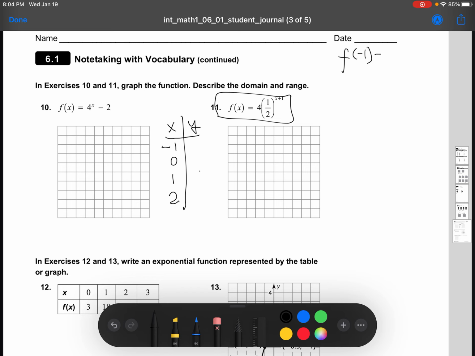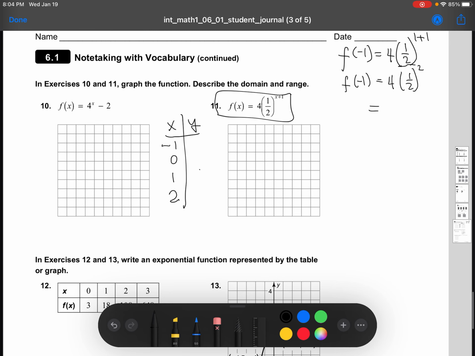Here on your right, we have 4 multiplying 1/2 raised to x plus 1. So f of -1 is 4 times 1/2 squared. So if you solve this in your calculators, 1/2 squared, we have to solve it first, remember, is 1/4. And 4 multiplied by 1/4 is 1. So we have our first value.